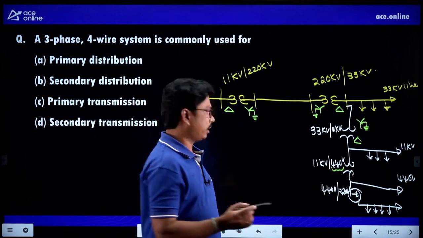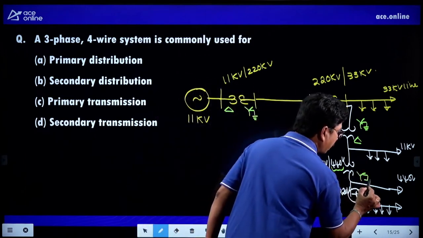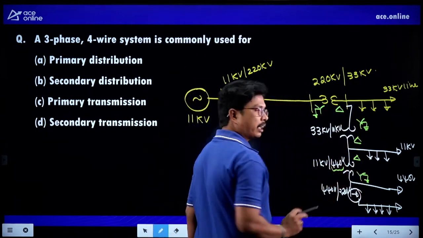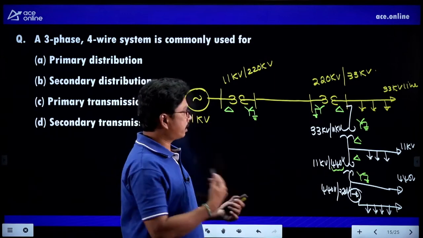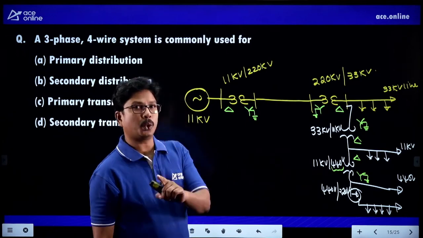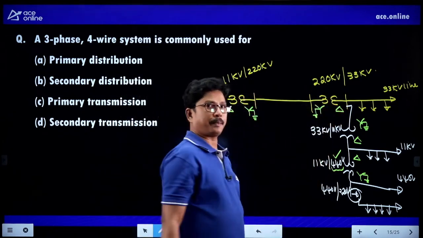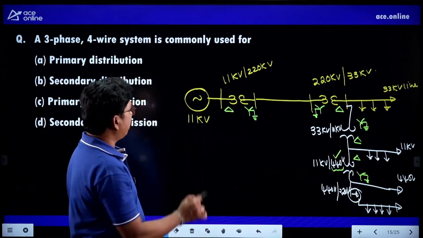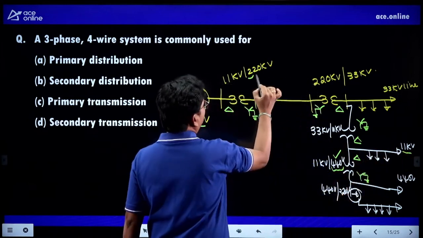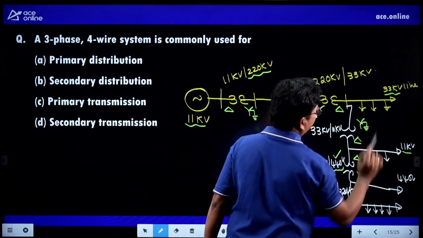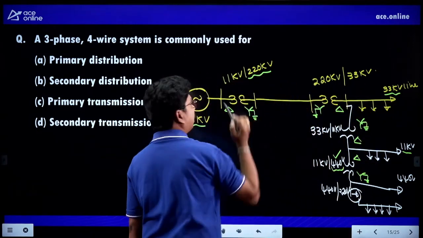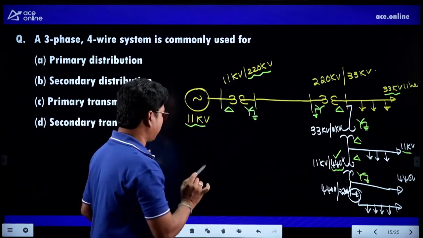As we are giving the fourth wire, the secondary side should be star grounded and the primary side should be delta connection. So even though delta star grounded connection is not economical, still we are going for that connection because we have to provide the neutral wire for a 440 volt system. So 11 kV, 33 kV, 220 kV transmission or distribution levels will be done in 3-phase 3-wire.